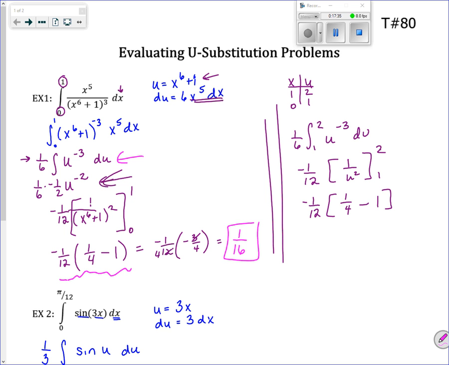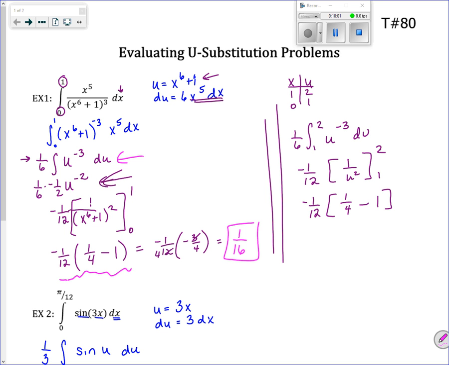So some people like that. They like, oh, if I'm going to change it to u, I'll go ahead and change my bounds and I'll never put it back in x. Some people do not like that at all. They're like, nope, if I'm doing definite integration, I'm going to put it back in x, not worry about changing my bounds, and I'm just going to go from there. Either way is fine. Again, I just want you to understand what I did.